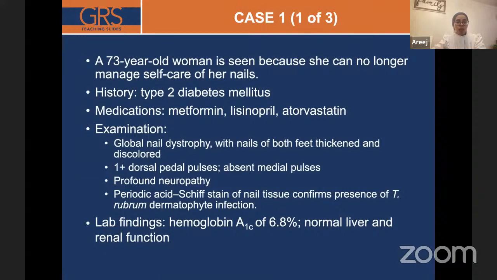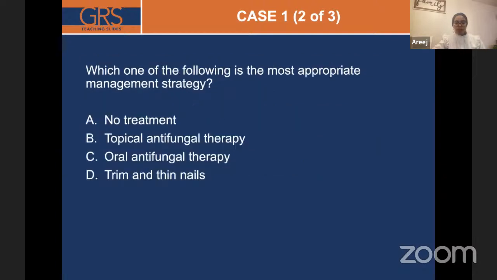Examination shows global nail dystrophy with nails of both feet thickened and discolored. 1+ dorsal pedal pulse, absent medial pulse, profound neuropathy. Periodic acid-Schiff stain of nail tissue confirmed presence of Trichophyton rubrum, a dermatophyte infection. Lab finding: hemoglobin A1C of 6.8, normal liver and renal function.